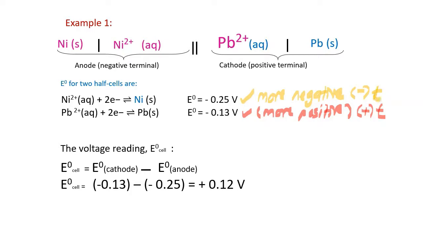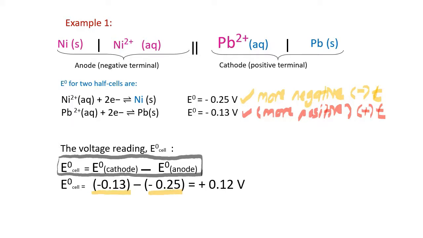Therefore, if we are using the same formula, E naught of the cell equals E naught of cathode minus E naught of anode. So E naught of cathode is negative 0.13 minus E naught of anode, which is negative 0.25.